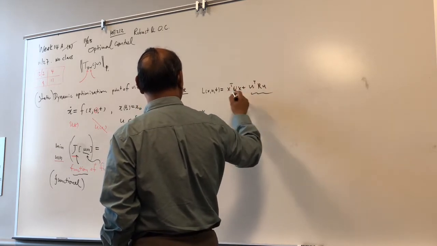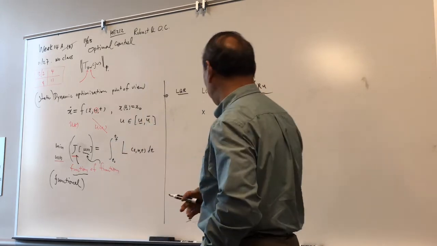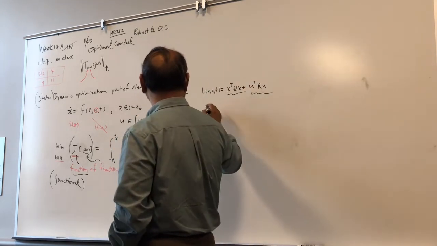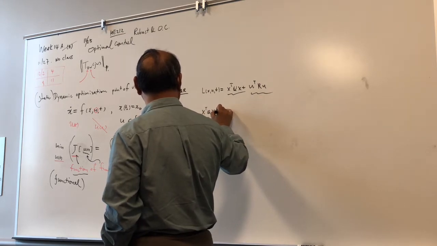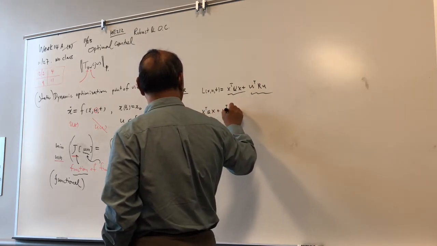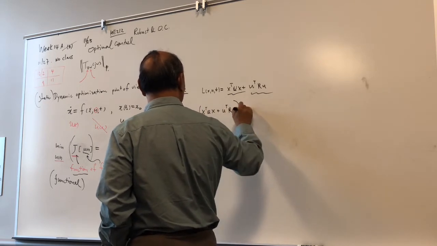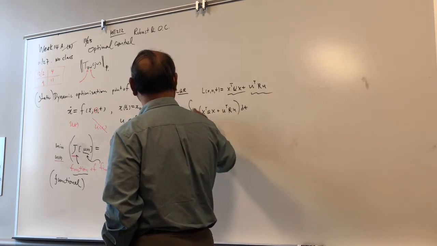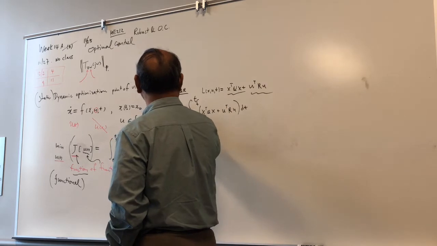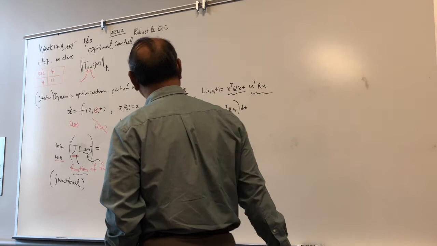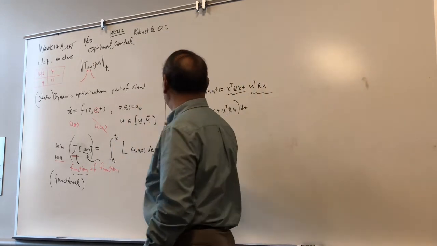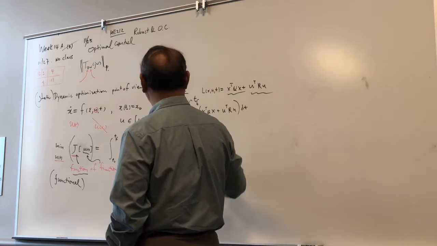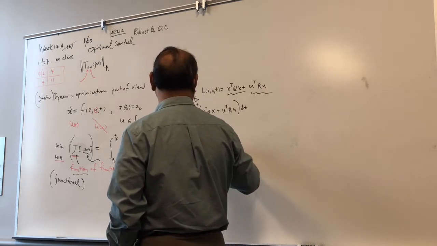This is a penalty on the states and the control. You integrate from t0 to tf, and this is your J(x, u, t), subject to your original system x-dot = Ax + Bu.